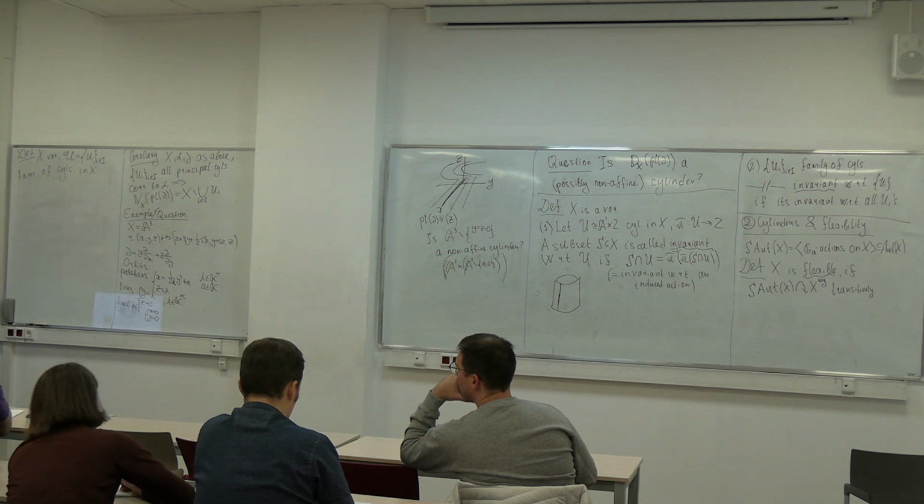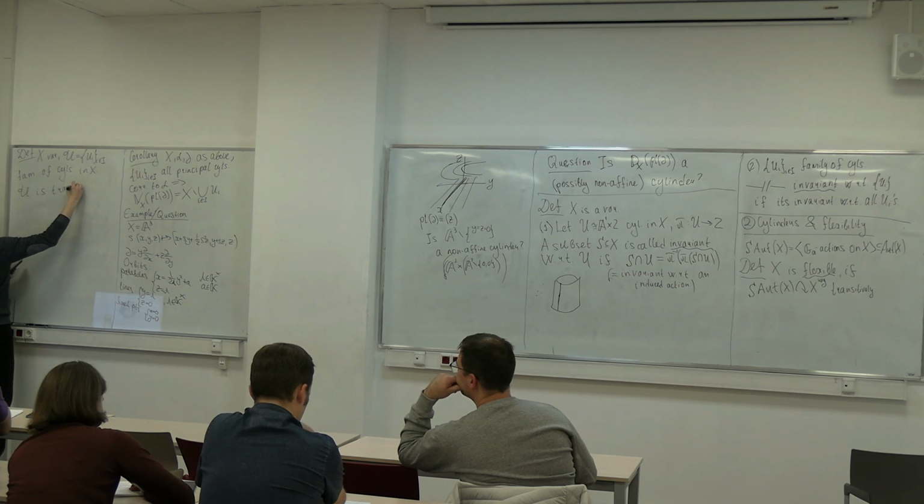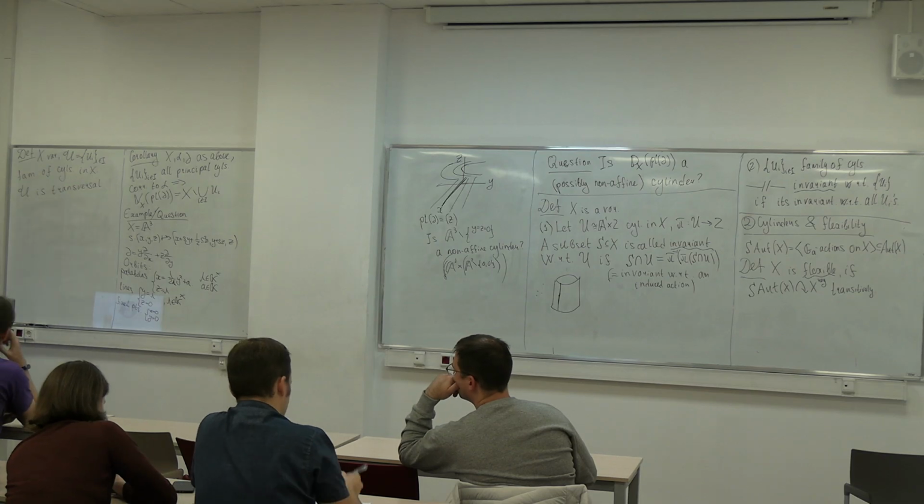So this family is called transversal. U is transversal. This is a definition due to Pereshchetko.